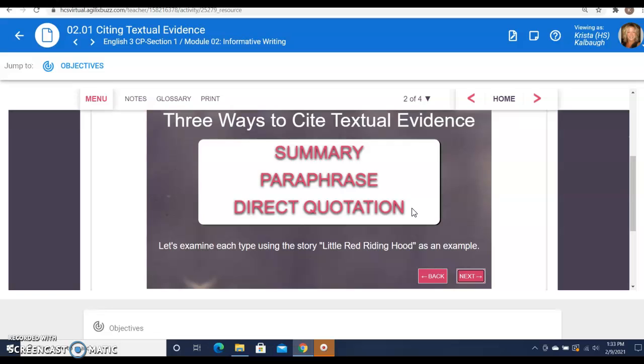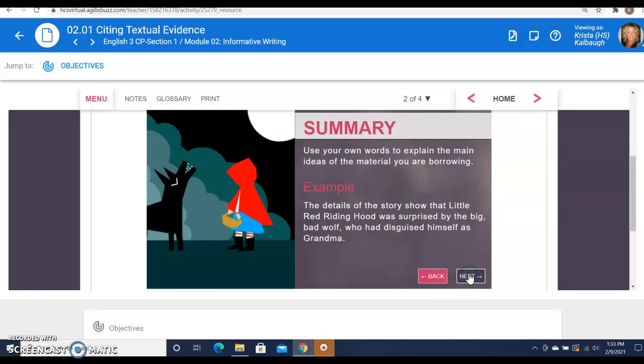You need to give credit to the original author. So no matter which of these 3 you do, you have to give credit where credit is due. Regardless, if you're using summary or paraphrase and you've used your own words, you've still borrowed somebody's idea. All right. So you've got to give them credit in all 3 of these.